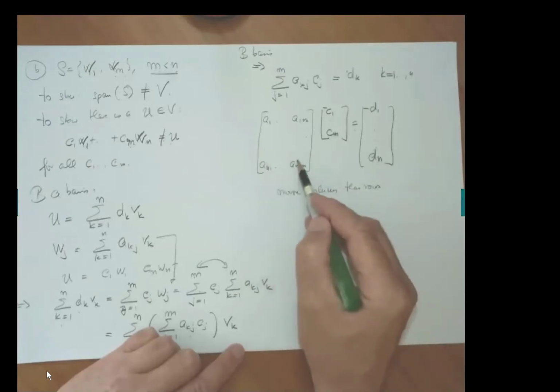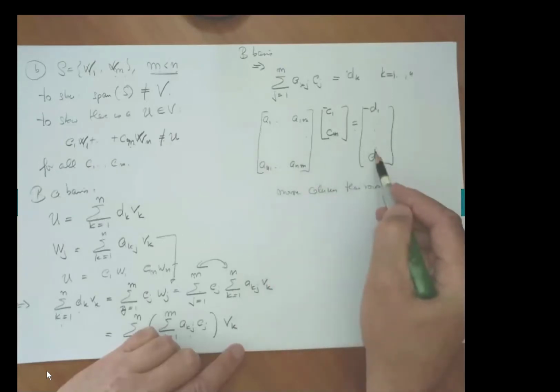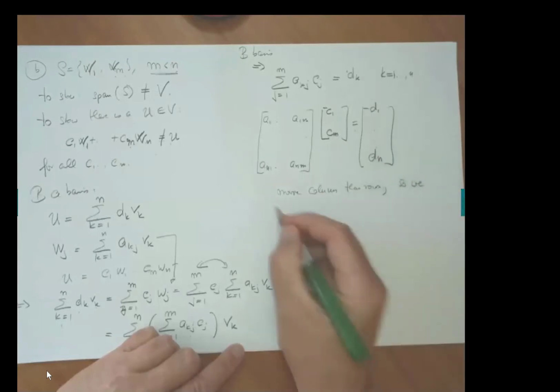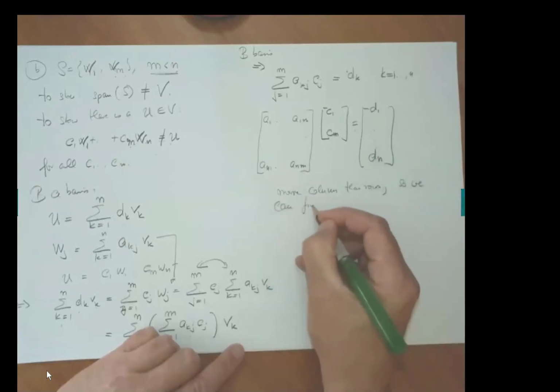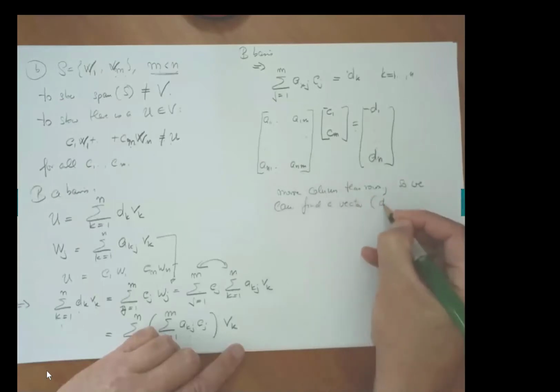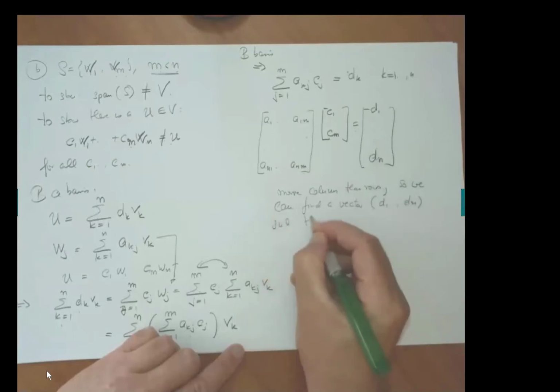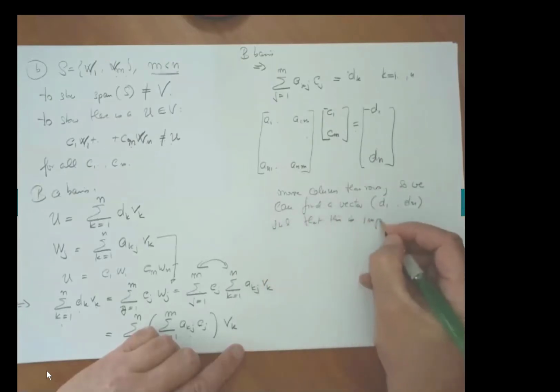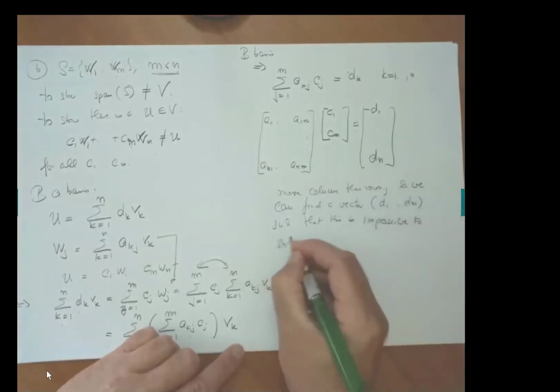And whenever there's a 0, I put a D which is non-zero, and that makes it impossible to solve. So we can find a vector d1 to dn such that this is impossible to solve.